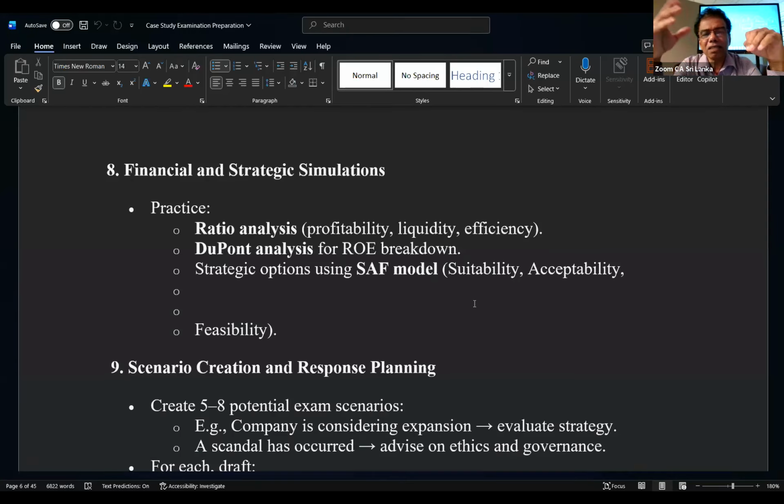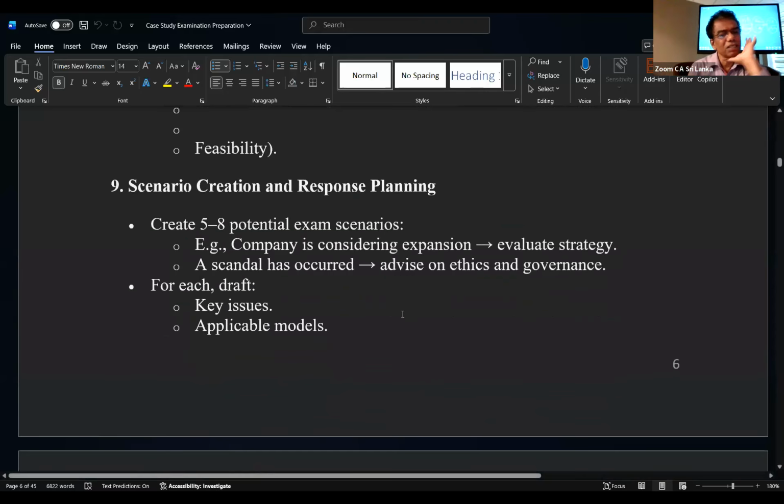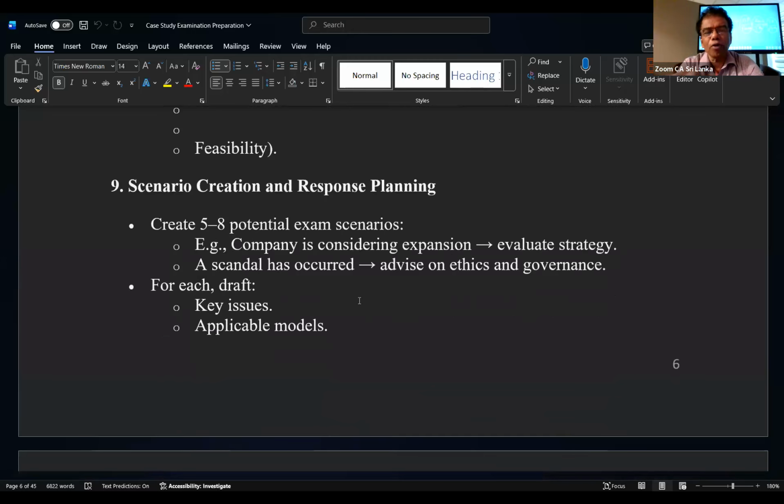This is one common model used each and every time, whether it's relevant or not. When you see the examiner comments, I am just reminding you not to do that, but make sure these models are applied at the appropriate place and appropriately. You can't just write it and try to get marks.